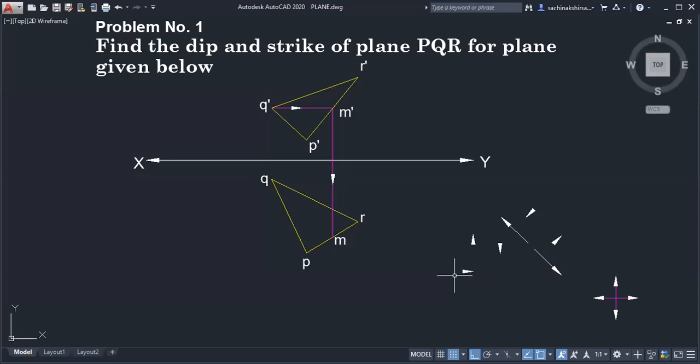Now, what do we have to do? Why have I not located point M on the QR line? Am I audible? Yes, sir.